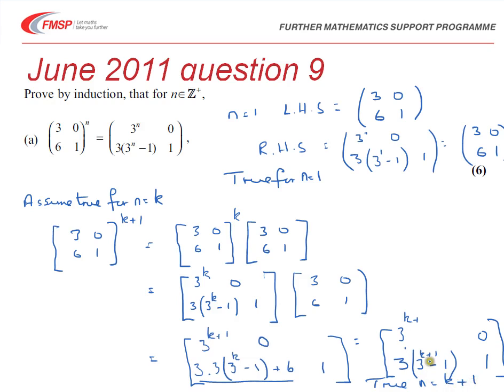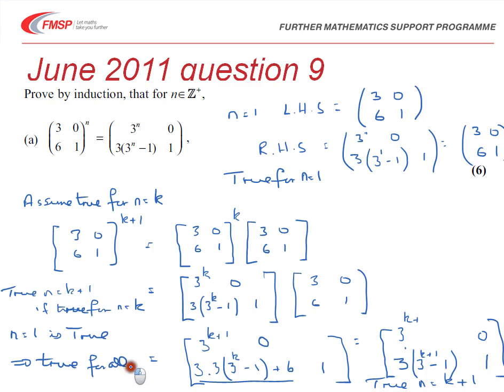And then that final statement to get your mark saying that it's true for n equal to k plus 1 if true for n equal to k, and it's true for n equal to 1, and therefore it's true for all n that are integers, positive integers. Again, that final statement is necessary to pick up all your marks.